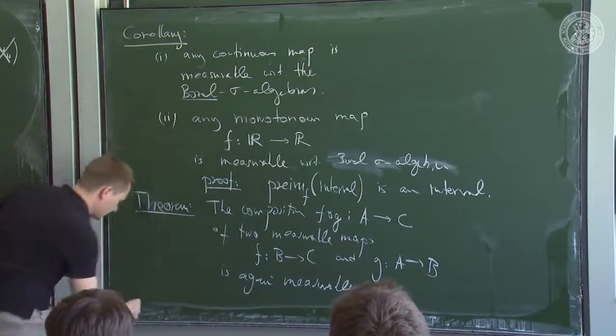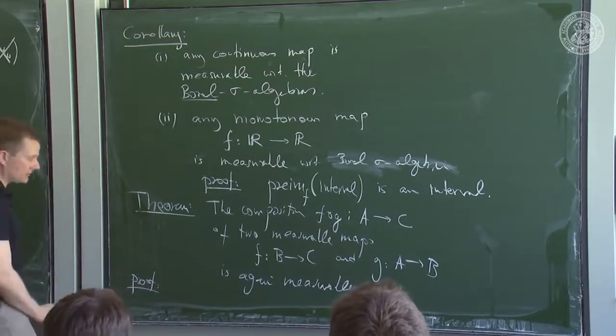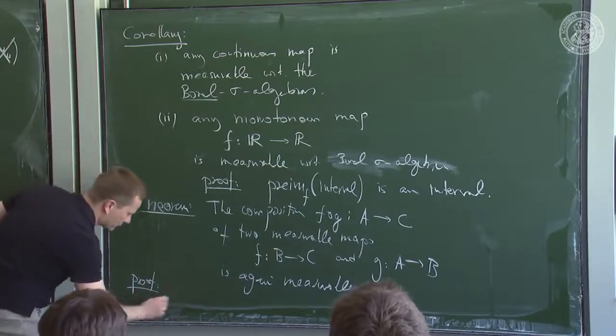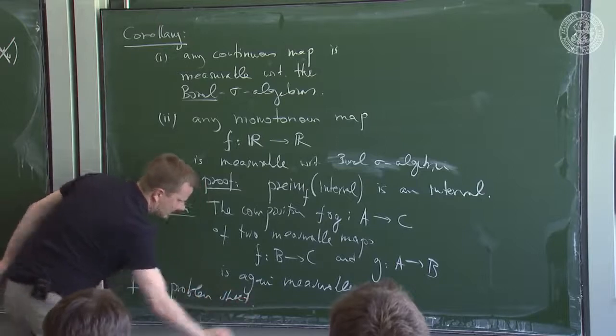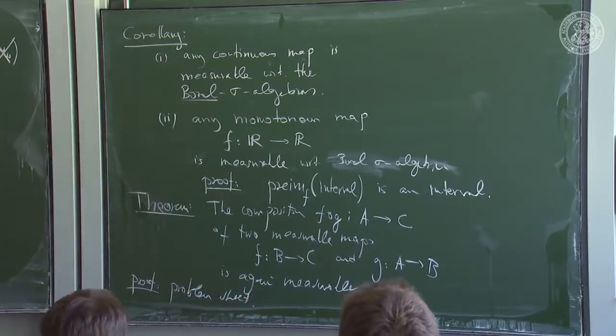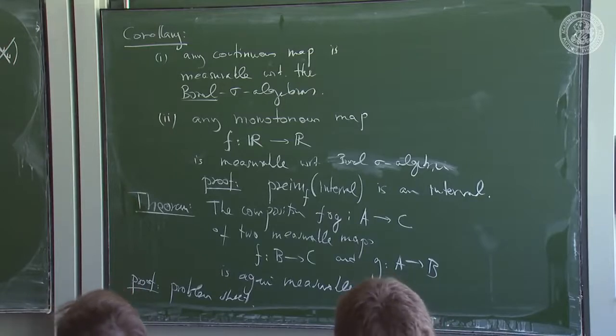And the proof, like the proof of some others which I didn't point out in detail, is on the problem sheet. But it's no surprise. So the measurability is preserved under composition of maps. Okay? That's, of course, very useful.